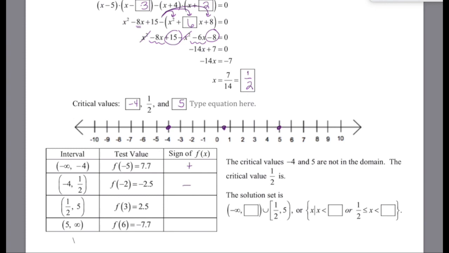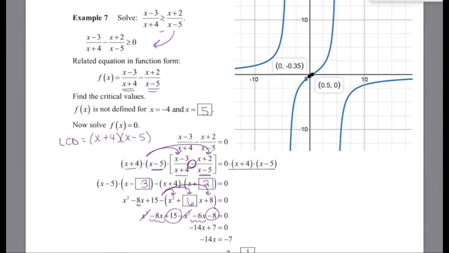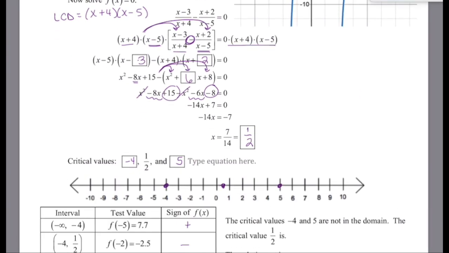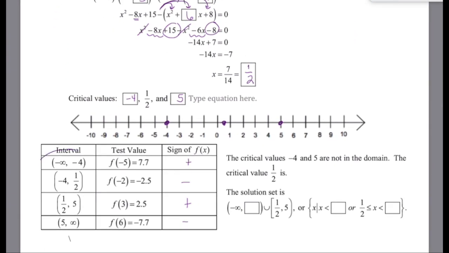Between half and 5, I evaluated 3, which gives me a positive. And between 5 and infinity, I chose 6, which gave me a negative. We're interested in values that are greater than or equal to 0. So we're interested in values which are positive. So these values here are positive.